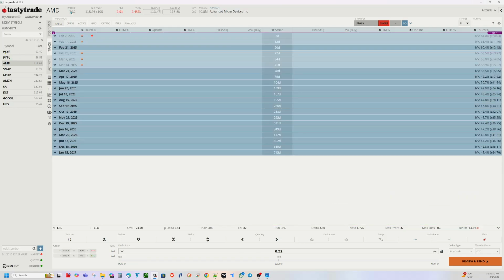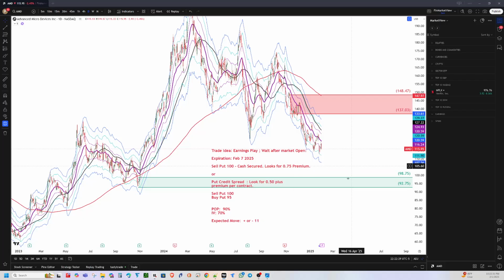So AMD implied volatility, the IV rank is 70, which is high volatility. And what I'm looking at is basically, if the market stays above here, you could sell the 100 put and then buy the 95 put, which is a put credit spread, and look for at least 50 cents premium.